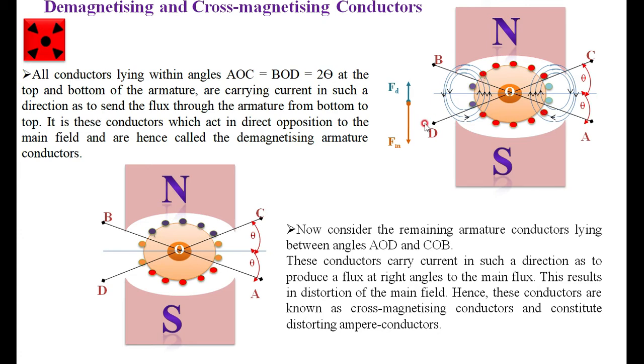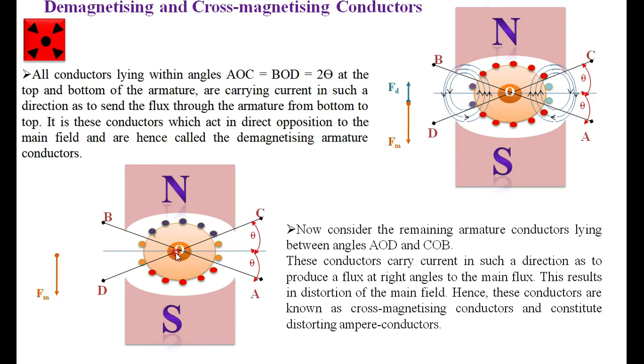Keep that in mind. I have to generalize the demagnetizing and cross-magnetizing conductors equation for any number of poles, but I am considering here the two-pole machine.